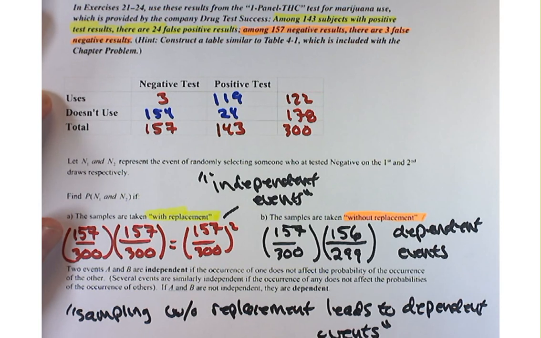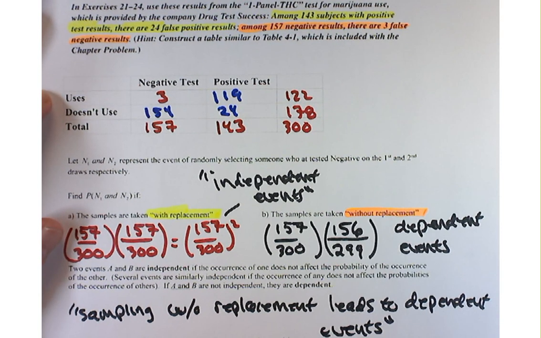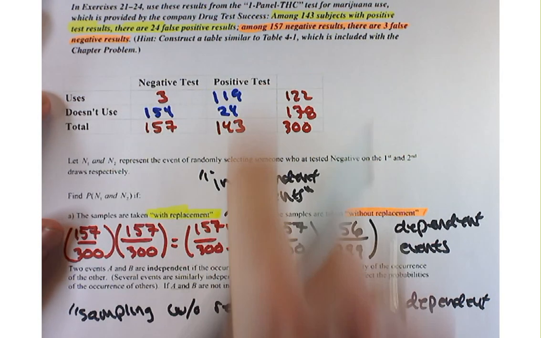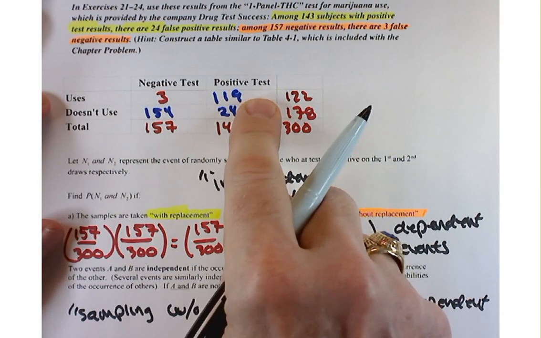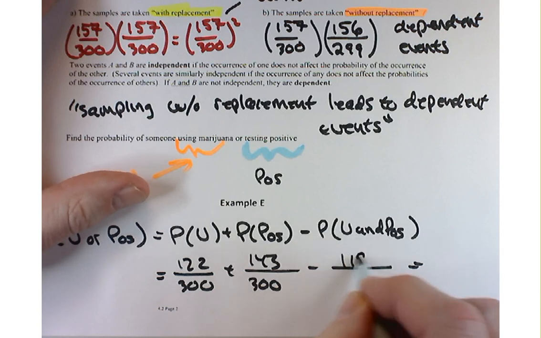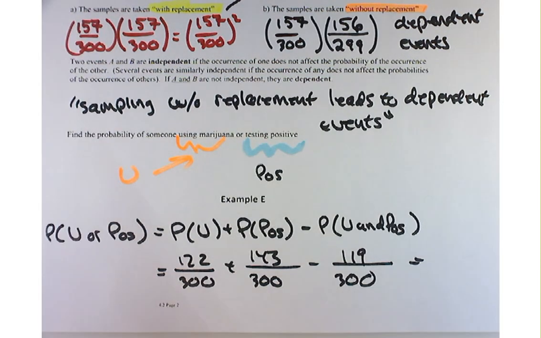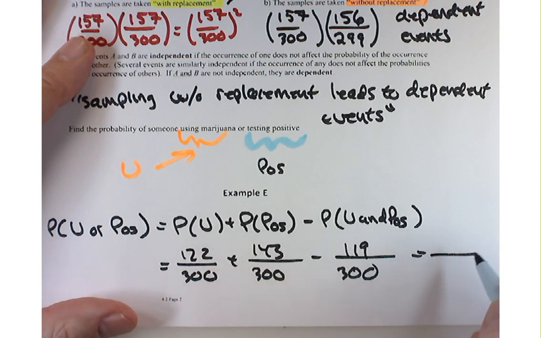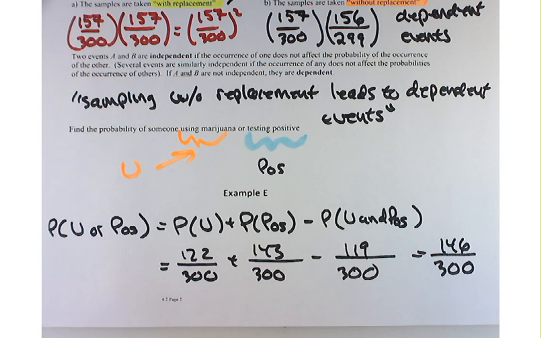No, you wouldn't have to add up any numbers to get that. 119 over 300. Of the people who tested positive, only 119 were actual users, so that would be user and positive. So 119 over 300. Awesome. Thank you. For a total of, let's see, there'd be 146, right? Over 300. And that's it for this one.